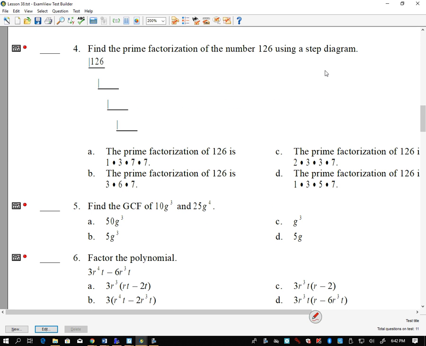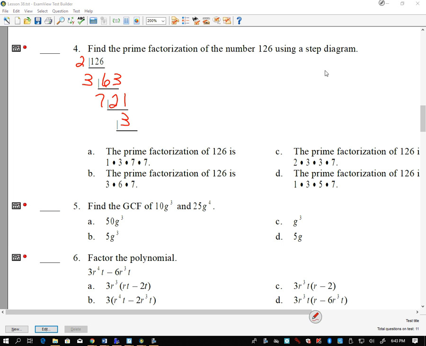All right, let's come down here. Here, you're kind of seeing that cake method done. Find the prime factorization of 126 using what they call a step diagram. I would divide by 2, right? Dividing by 2, 126, I think that would be 63. 63 looks like that probably divides by 3. 63 divided by 3 would be 21. 21 will divide by 7 and leave me with a final prime factorization of 3.